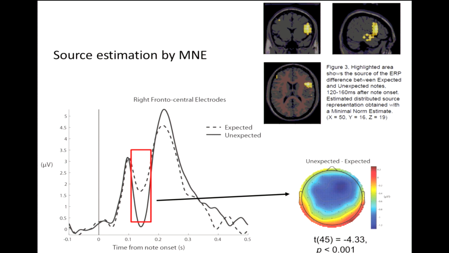Here you can see it's kind of an N1 component, and then we fed this data in to try to find out where in the brain this effect is explained. So this is the scalp map. If you look at the scalp topography, it gives a very wide region of the prefrontal cortex.